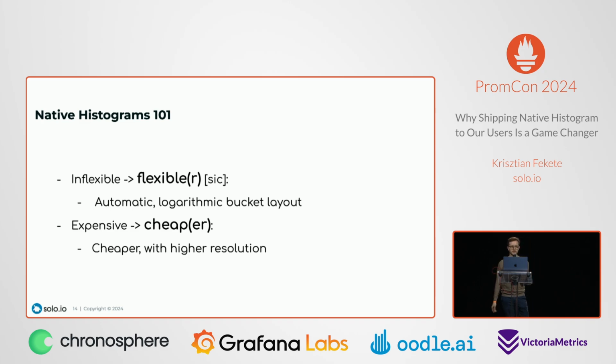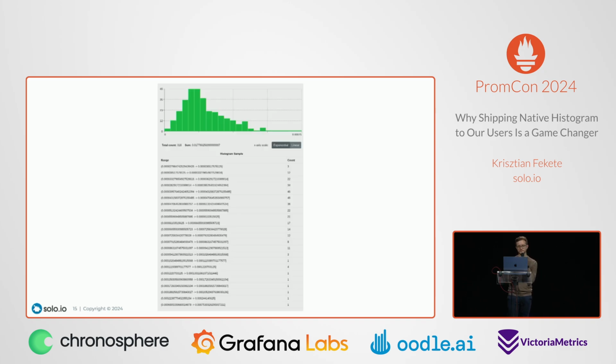You can get higher resolution for less. Basically, I think it's about 10x resolution for half the original size. I'm not exactly sure about that, but you can look it up. You can save some cost that way.